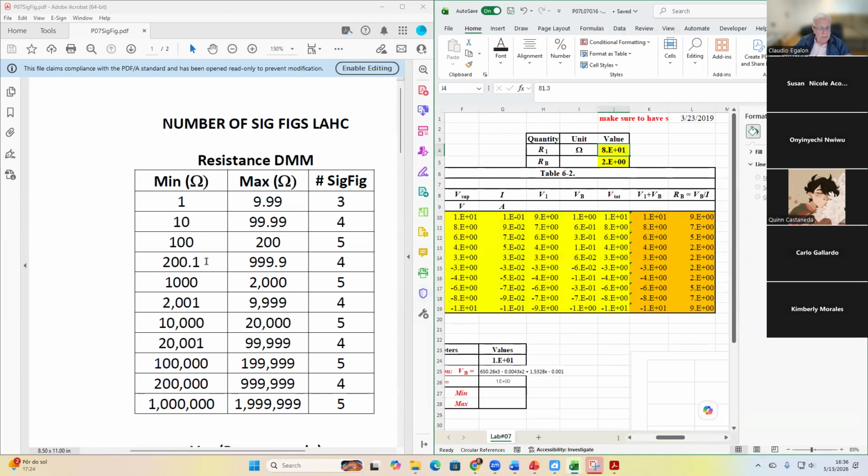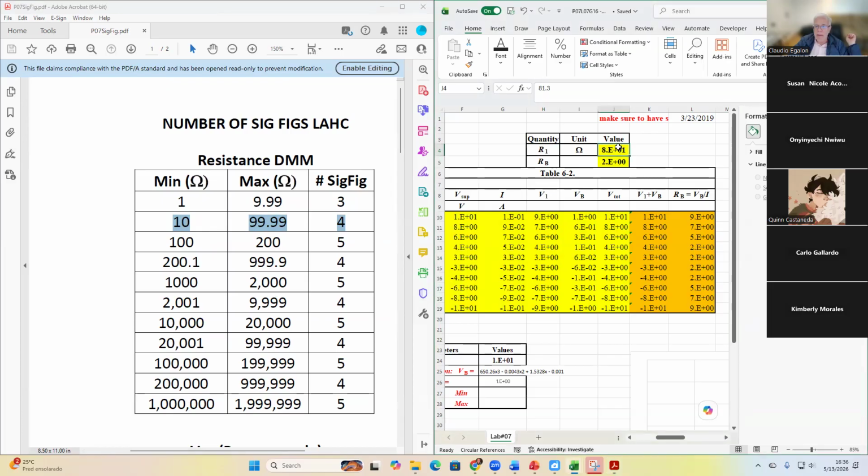So you look at this table, where 81.3 falls. It falls in this line right in here, right? And this table indicates that the significant figure for those values between 10 and 99.99 is 4.